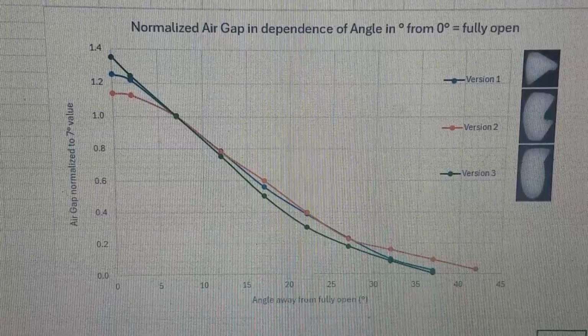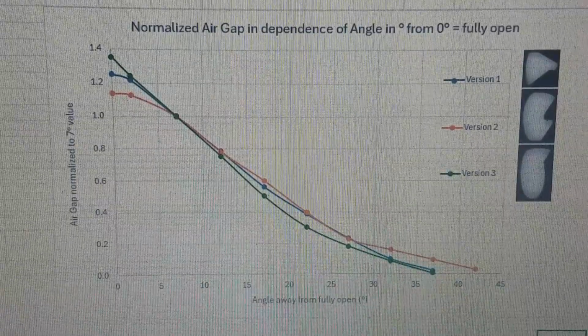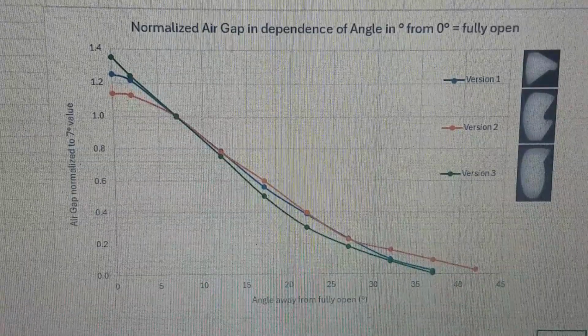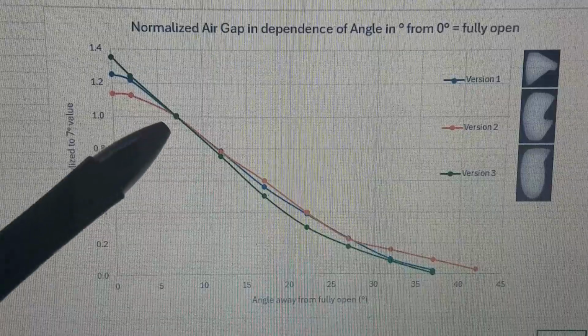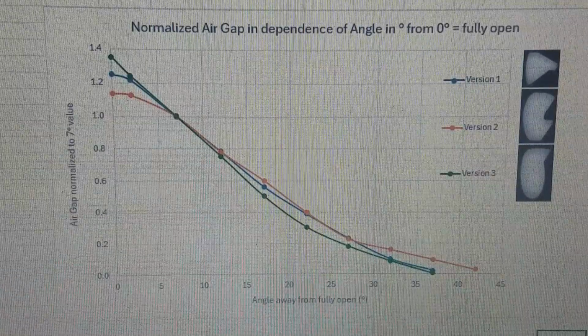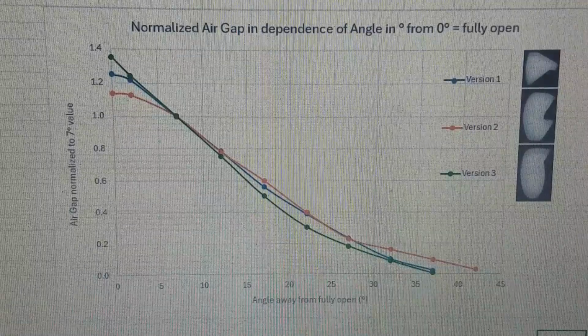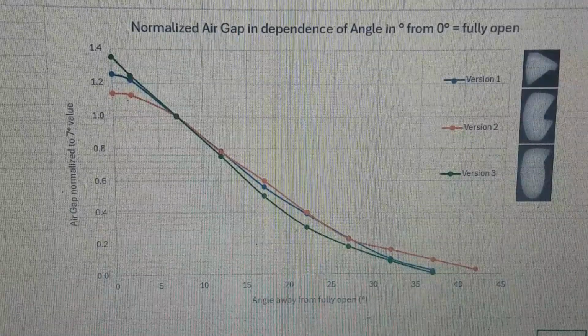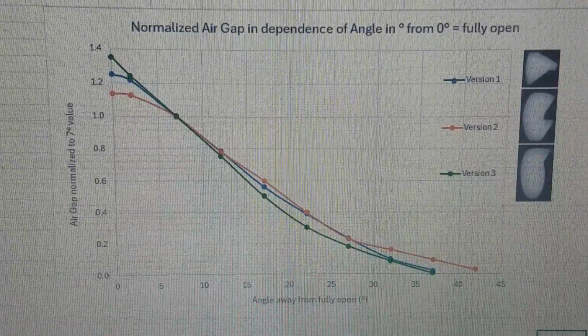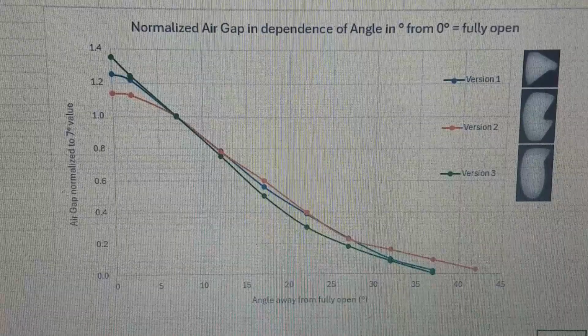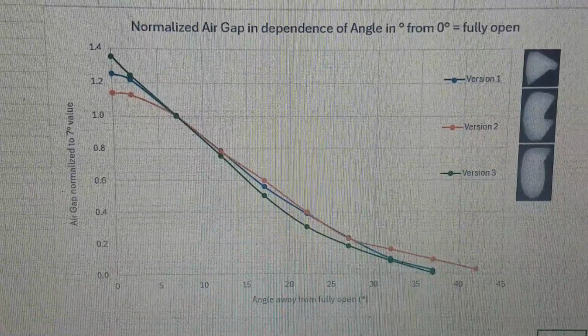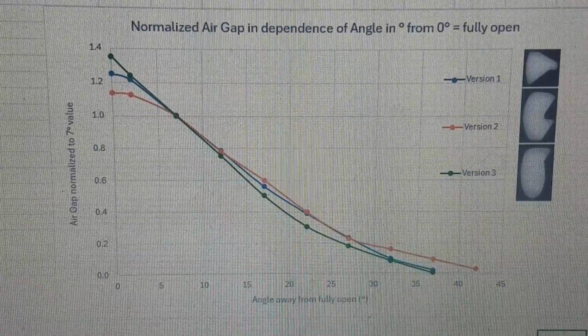Okay, these are the same data, but I have normalized them to the 7-degree point. So I adjusted them in a way that they are all showing the arbitrary number of 1 at 7 degrees. And the scale is different, of course. I should have mentioned that before.